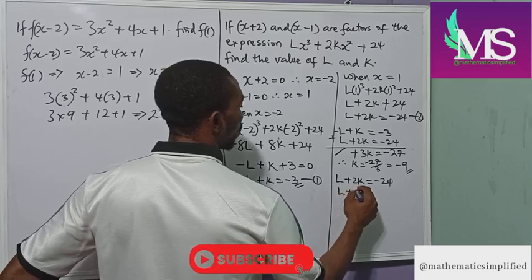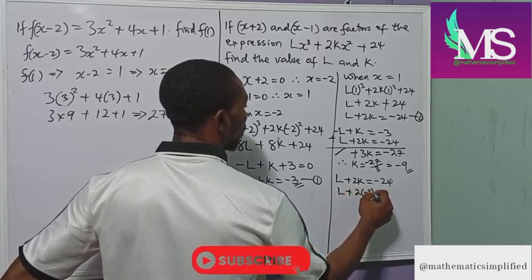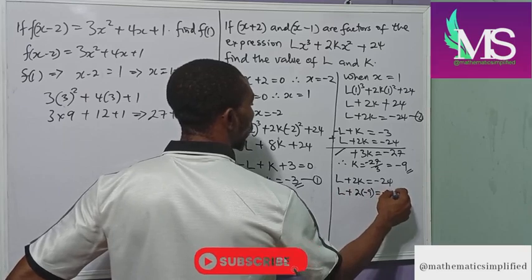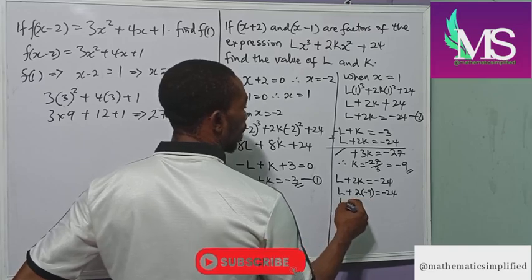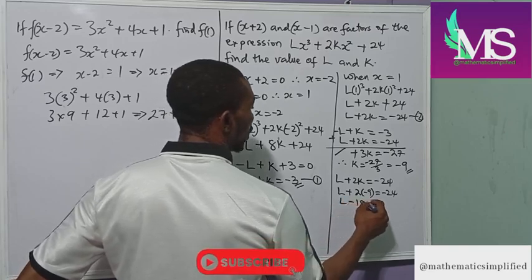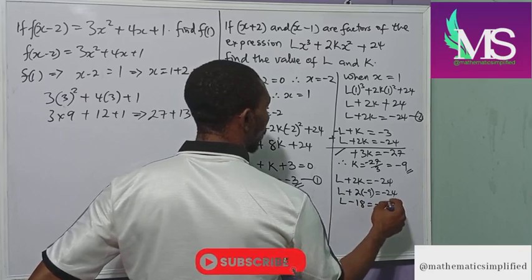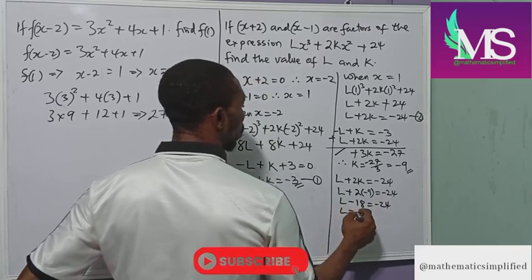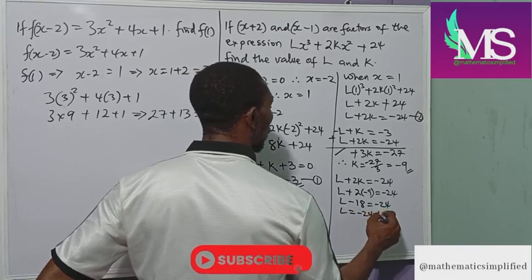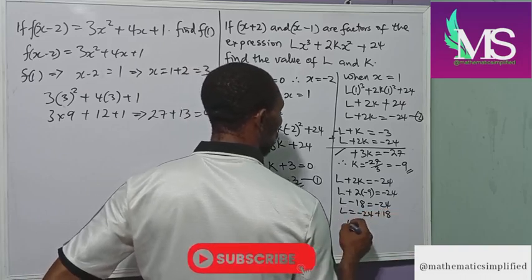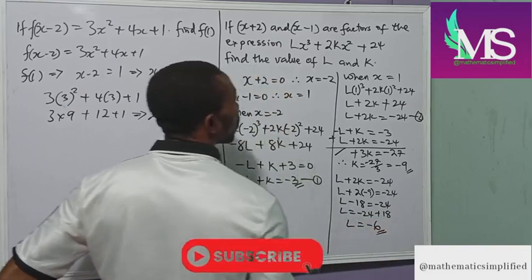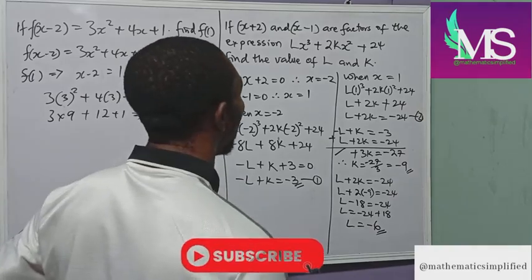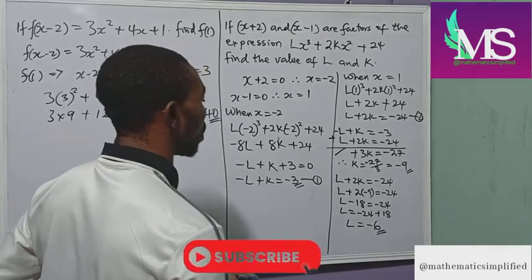L plus 2 bracket minus 9 equals minus 24. Okay? So from here we have L minus 18 equals minus 24. So L equals minus 24 plus 18. So L equals minus 6. So our L will give us minus 6.